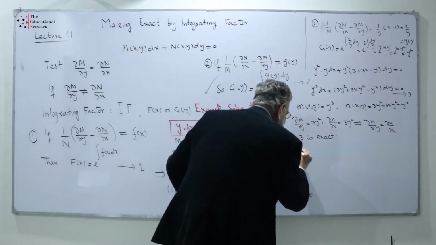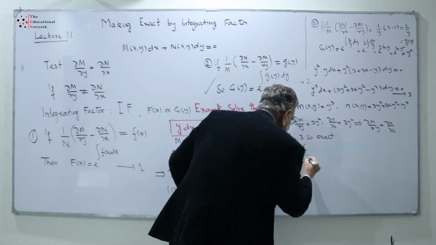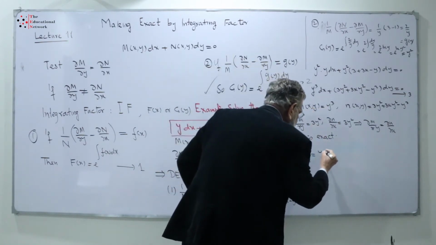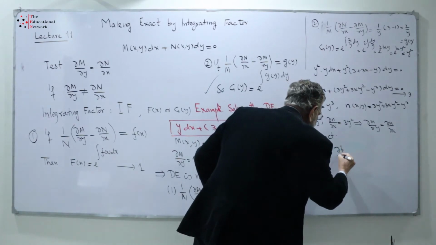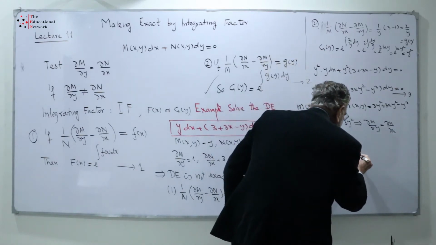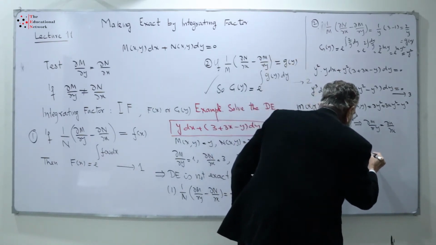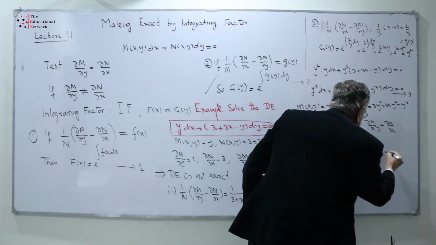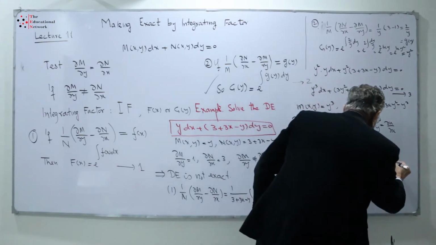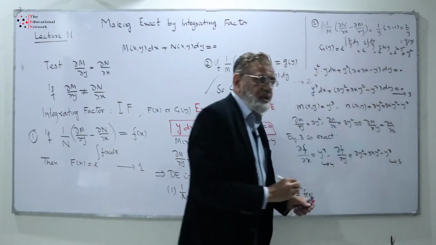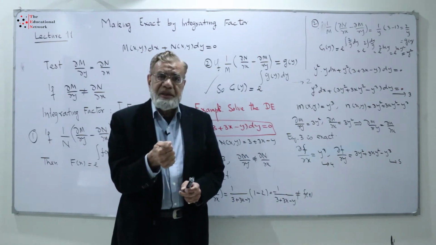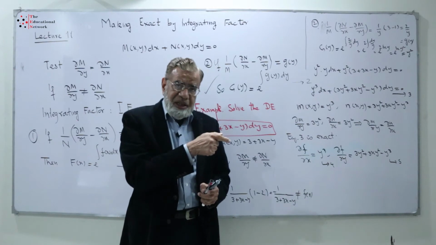We get partial f by partial x is equal to M(x,y), which is y cube, and partial f by partial y is equal to N(x,y), which is 3y square plus 3xy square minus y cube. I say this is my equation number 4, and this is my equation number 5. As I told in the method, we can take number 4 and partially integrate with respect to x, or we take number 5 and partially integrate with respect to y.